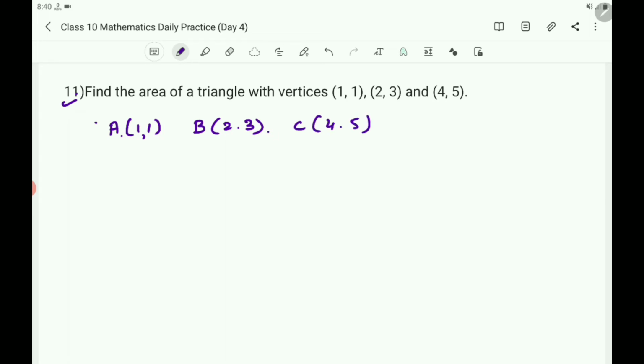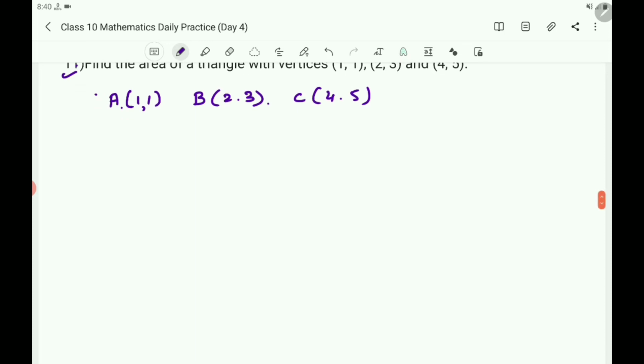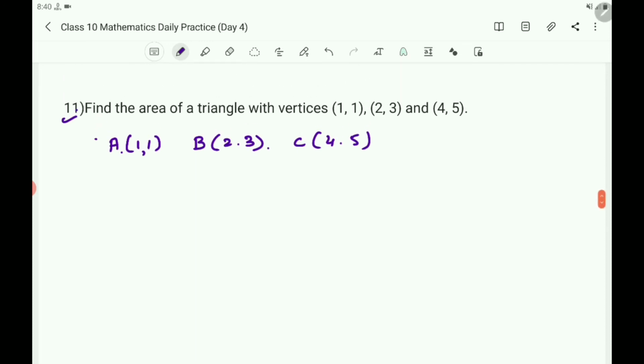Now you write the formula to find the area of the triangle by using the vertices. So you write area of triangle ABC equals 1 by 2 into, what is that formula?